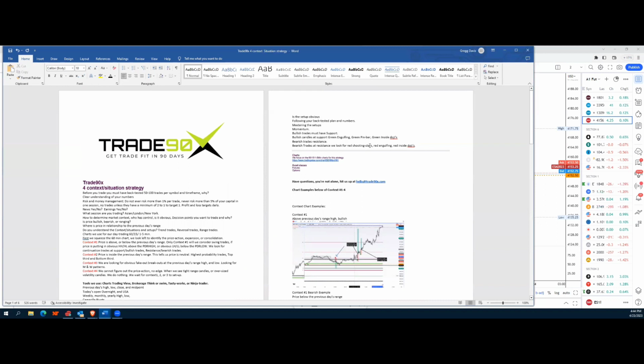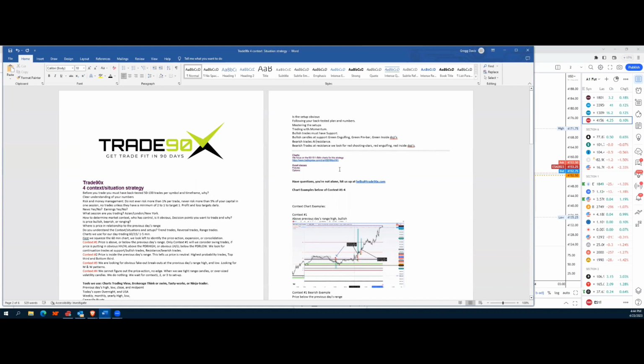Following our back-tested plan and numbers, mastering the setups, trading with momentum. Bullish trades, we want to have support. The bullish candles we look for at support: green engulfing, green pin bar, green inside doji candles. Bearish trades at resistance, we look for red shooting stars, red engulfing, and red dojis.